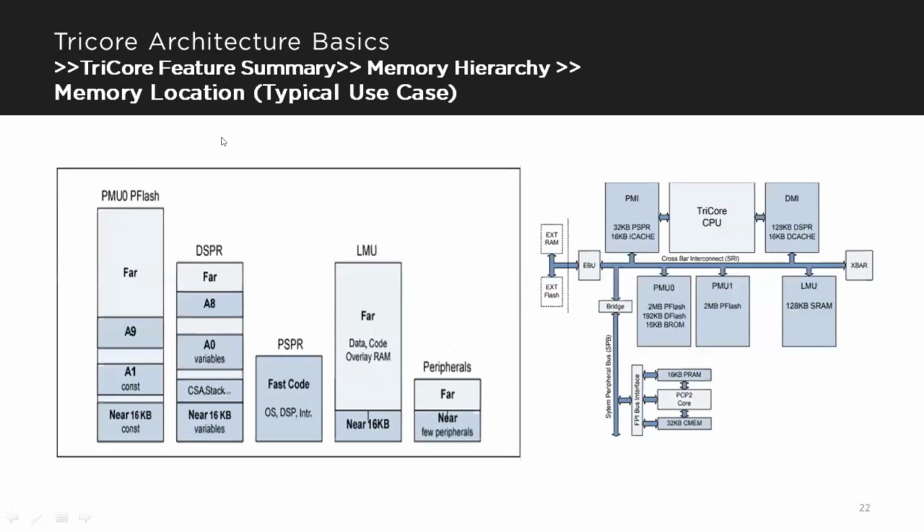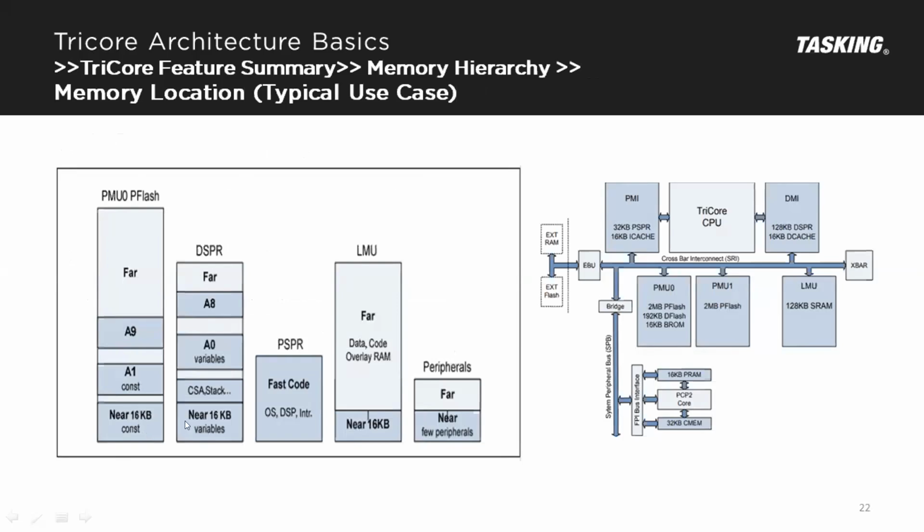All right, so to sum it up again, you will have some typical use case, like something like this. So you will have here the BMU0 flash. You will find the data scratchpad RAM or program scratchpad RAM, and the local memory unit and peripheral mapped sections. So you'll find in every part here the first 16 kilobytes.